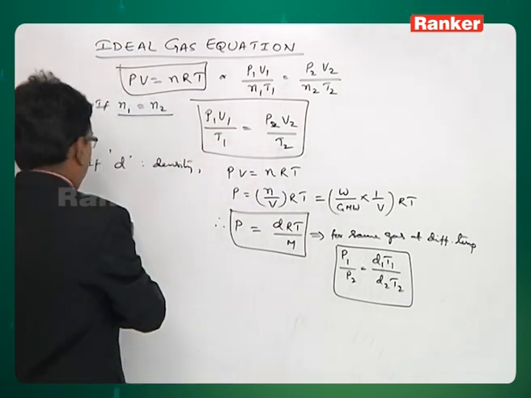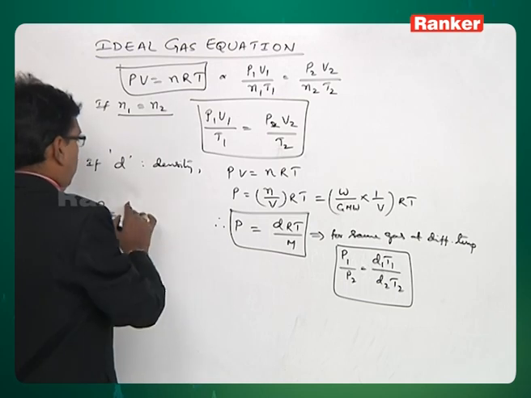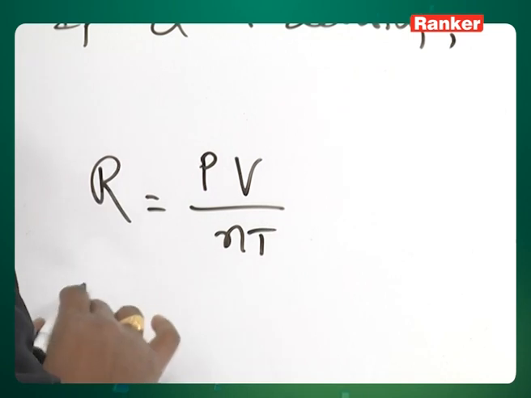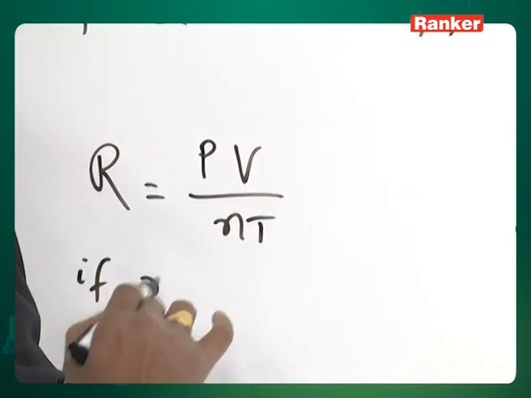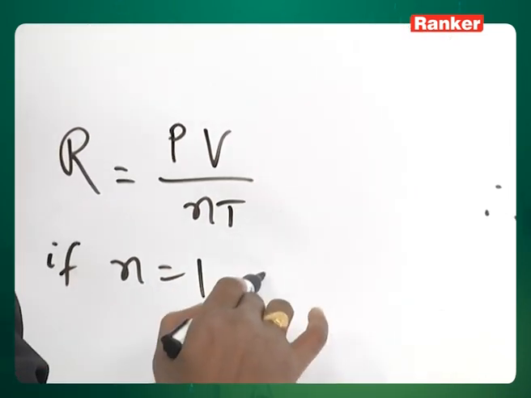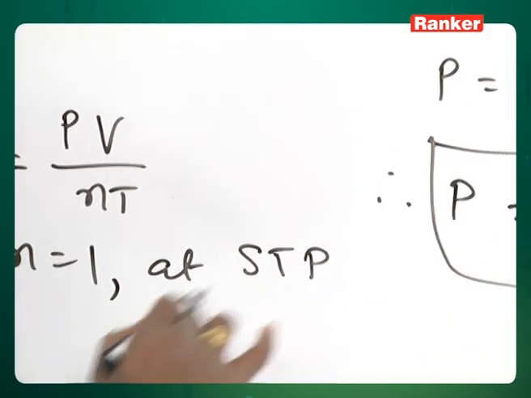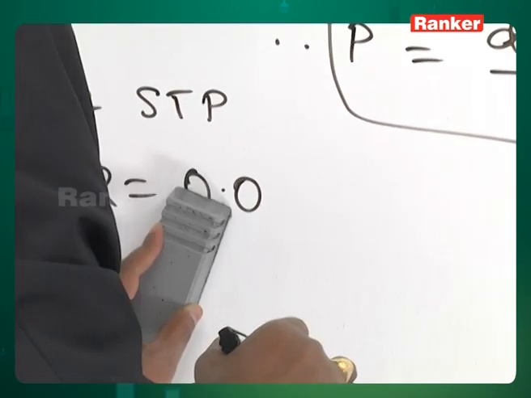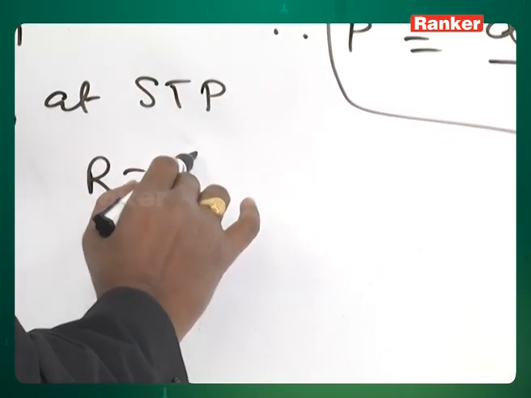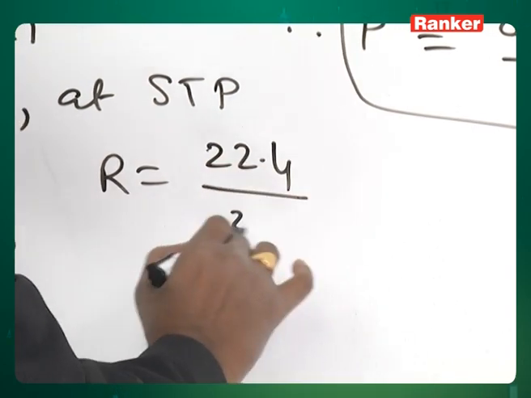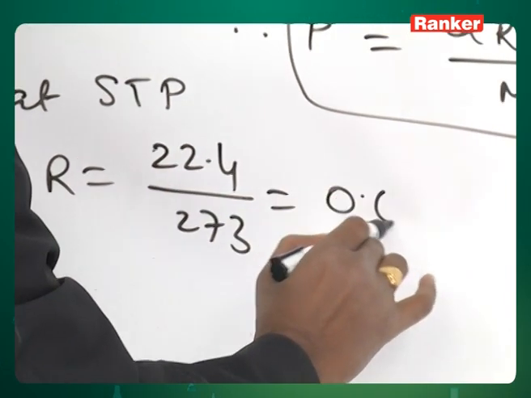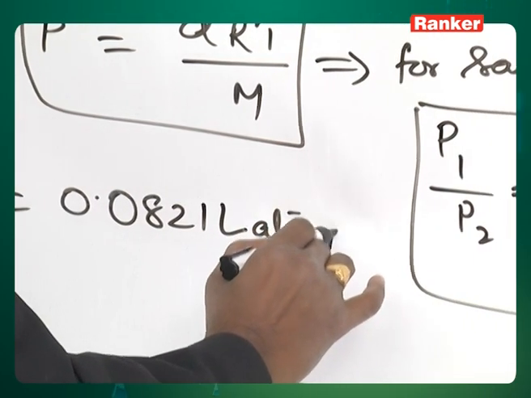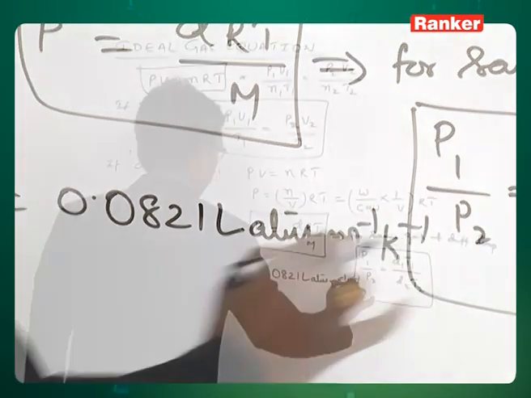And when it comes to R, as I already told, this R is equal to PV by nT. So, if n is equal to 1, then at STP R is equal to 22.4 by 273, which is 0.0821 liter atmosphere per mole per Kelvin.